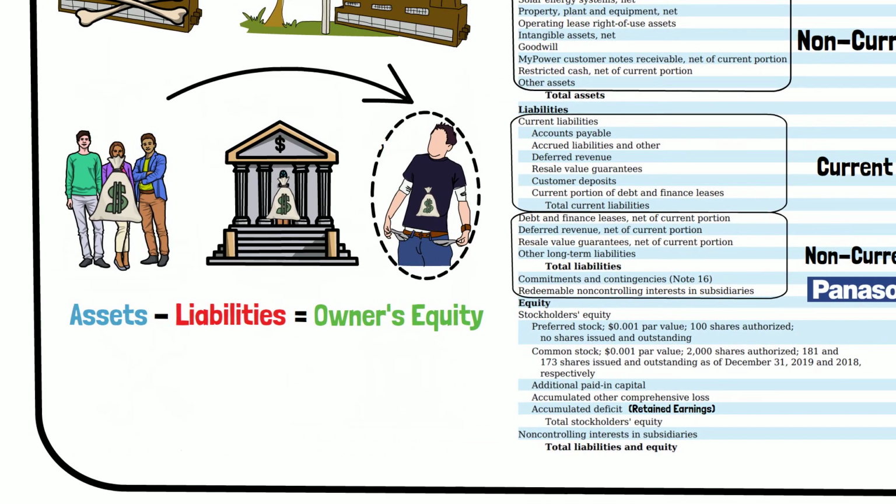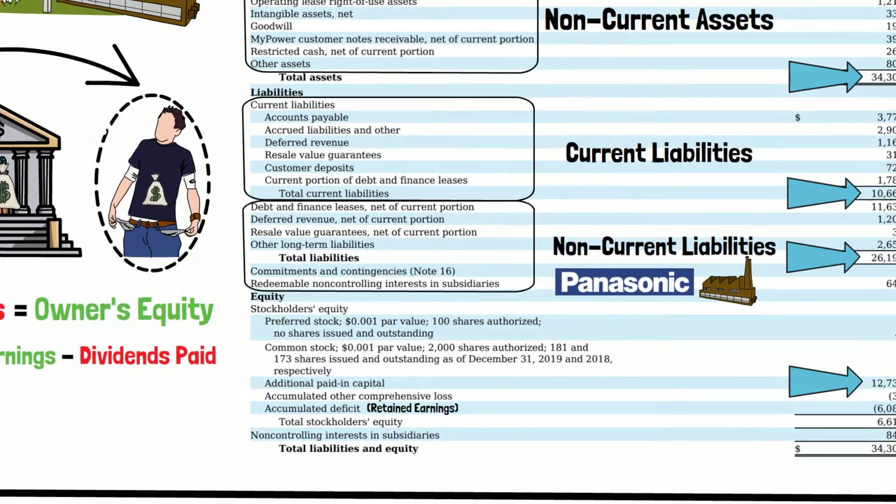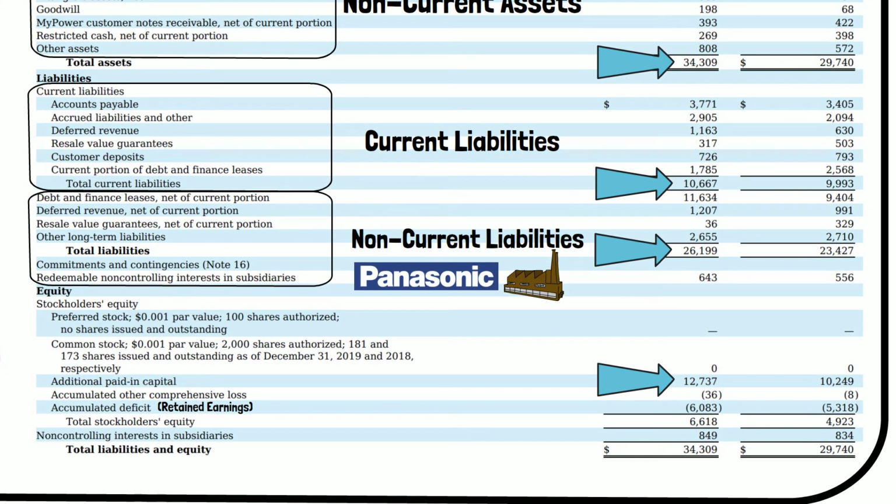Retained earnings are the amount of earnings the business kept internally after subtracting any dividends they paid out to shareholders. Finally, you will see Tesla's total stockholders' equity of $6.6 billion as of December 31st, 2019.